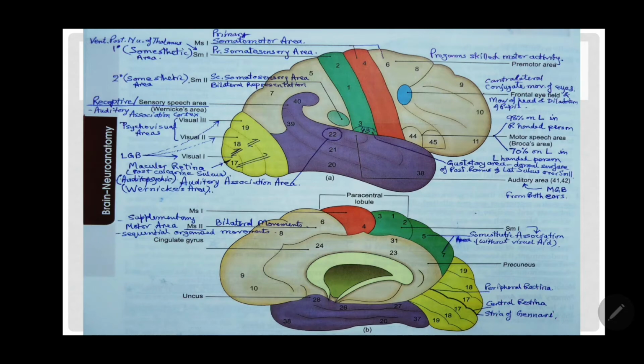And because it receives all sorts of general sensations, it is also called the secondary somesthetic area or secondary somatosensory area. Don't get confused, they are named differently in different books. It hardly matters, you only need to remember that it receives general sensations, right? All this region here of the parietal lobe is receiving general sensations.